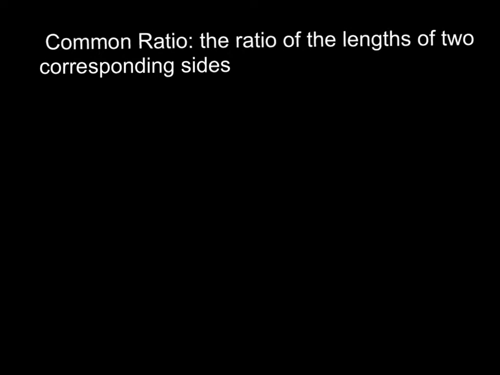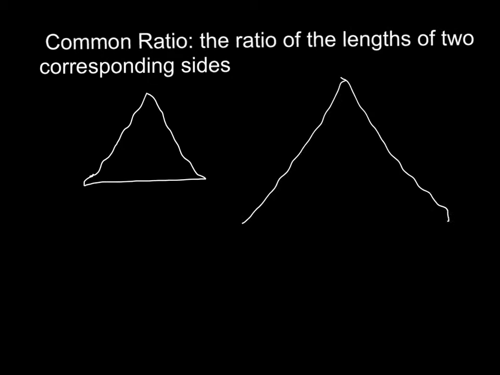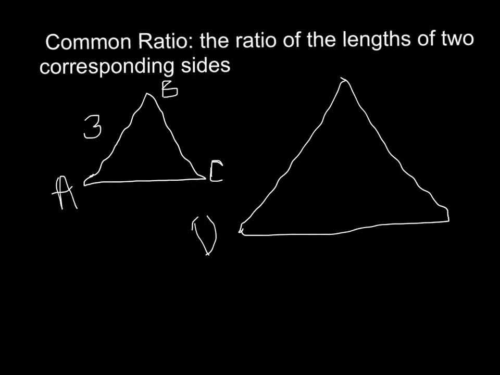So if I was to have a triangle, and another triangle, and this side was 3, let's say on triangle A, B, C, and then we have triangle D, E, F. Side DE is equal to 5.